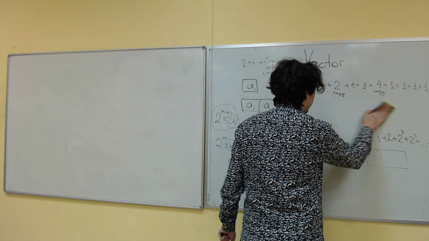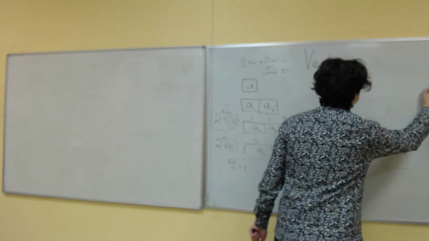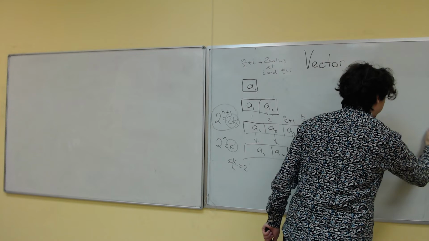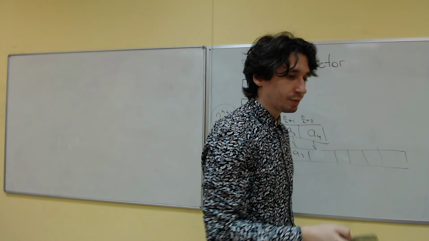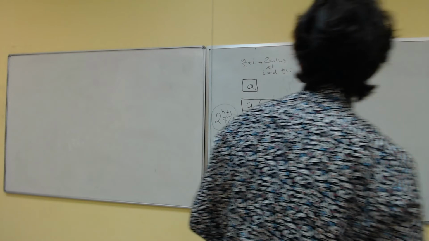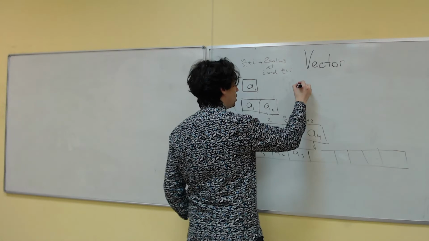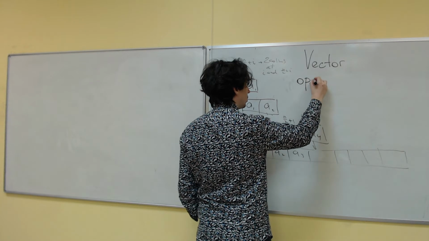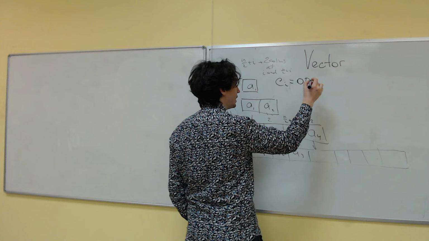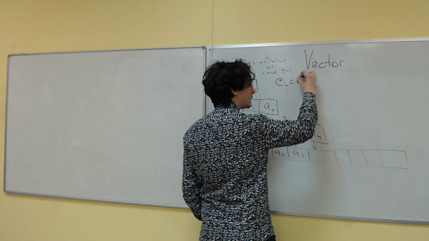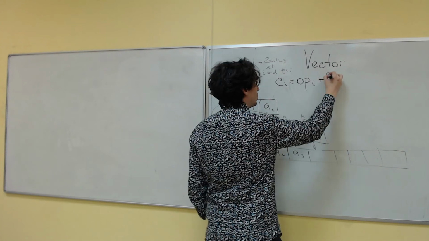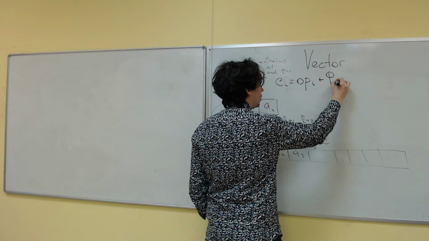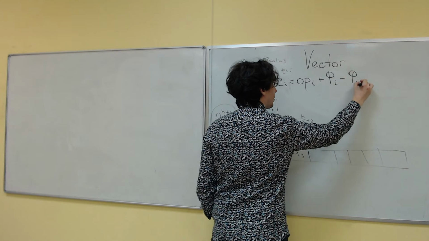Then let's prove it using potential. We would say that for each operation, the cost of operation i is equal to the operation itself, how much it costs, plus fi minus fi minus 1.